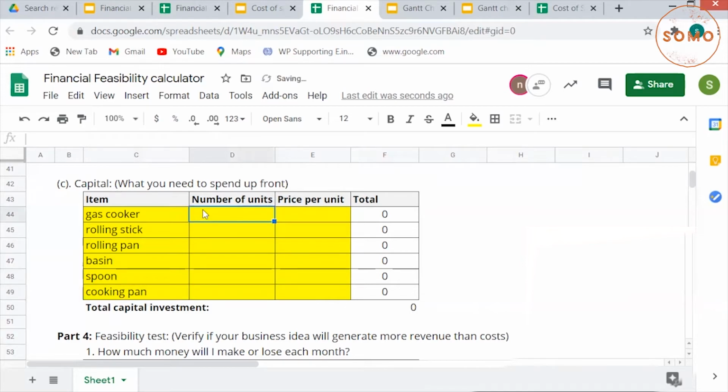After filling in the capital expenses, the next thing we're going to fill is the number of units. In this case, she will need one gas cooker, which goes for 13,000 shillings. The rolling stick will be one piece, which goes for 200 shillings.